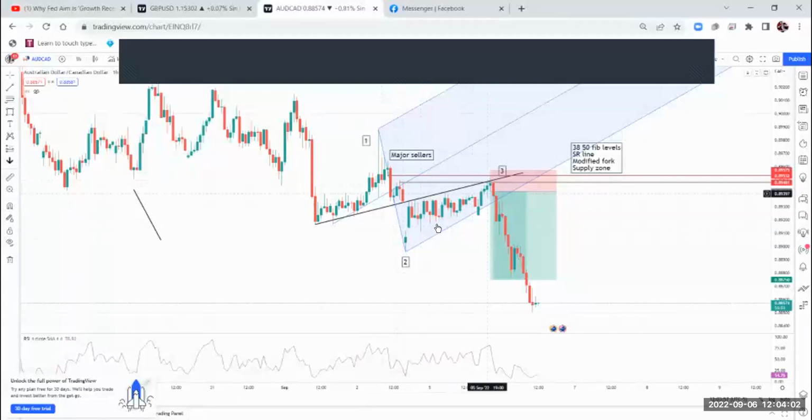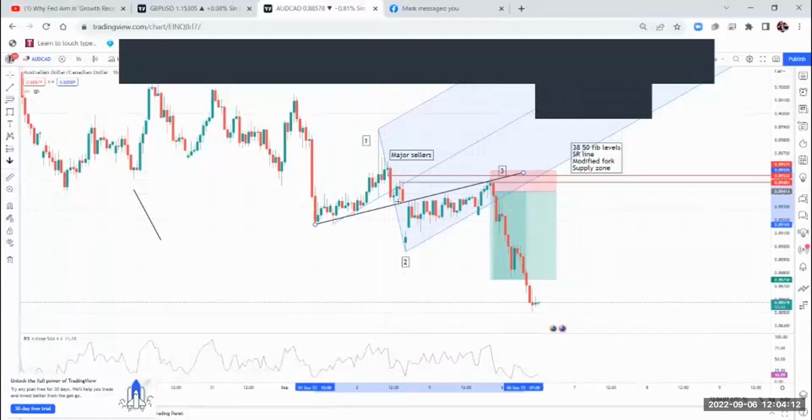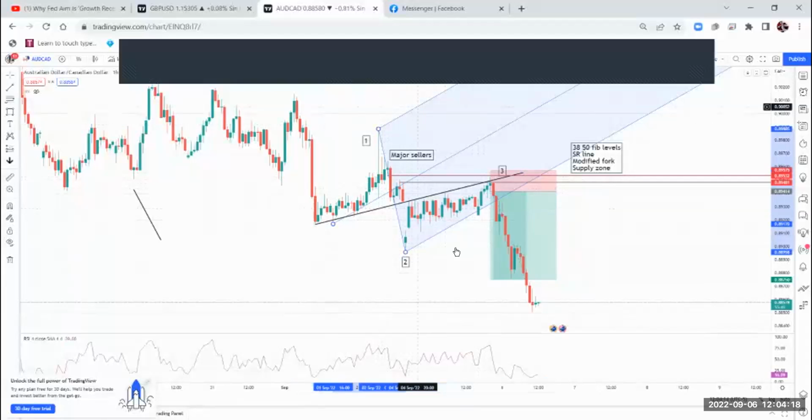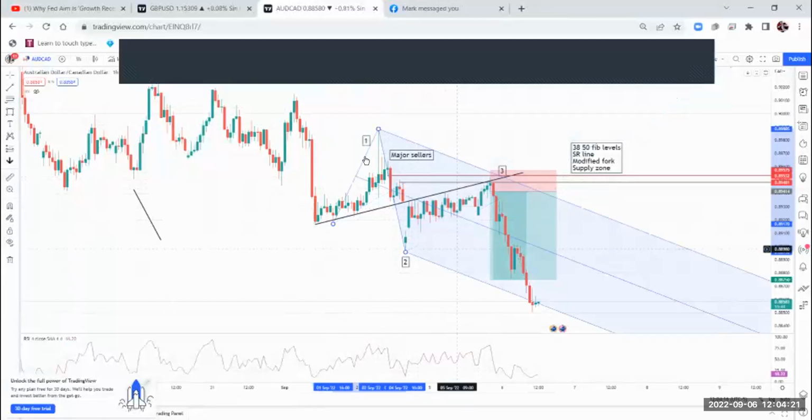So then I proceeded to turn it into a modified Schiff. And we see it's in tune with price. See validation here, right?